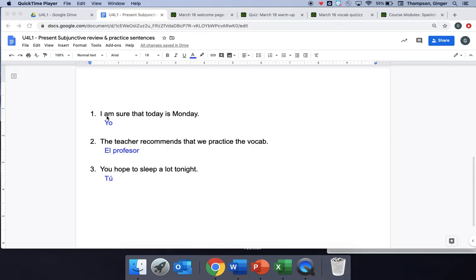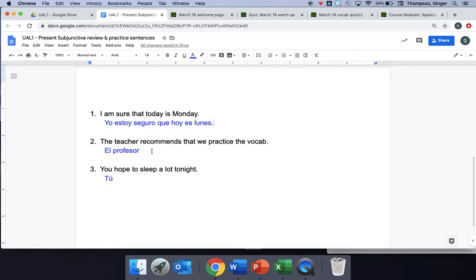In fact, this main clause expression, I am sure, that's a verb of certainty. Okay, when you're certain or sure about something, you cannot use the subjunctive. Instead, you just use regular present tense. So this would translate to, yo estoy seguro que hoy es lunes.